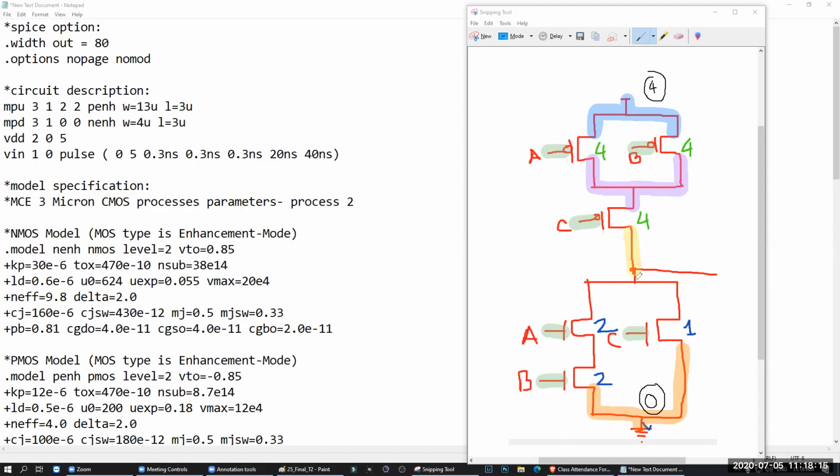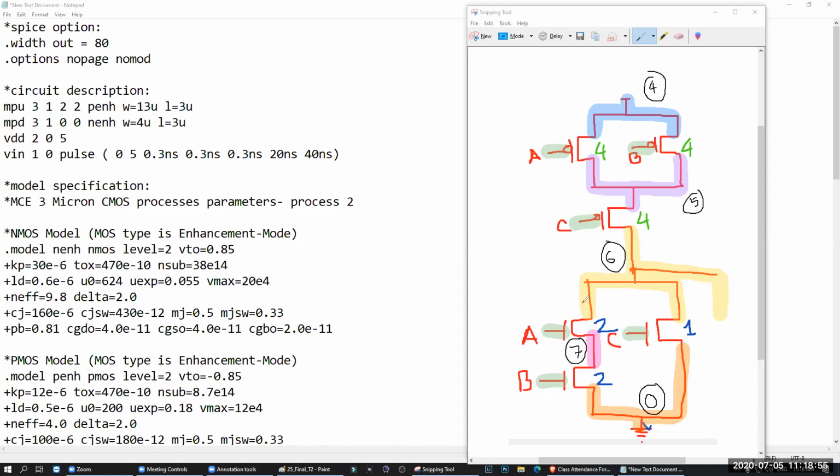This one will be your node 6 with your capacitor, right? This will be node 7. Okay, now let's write them. This is your 4, this is your 5, this is your 6, this is your 7.